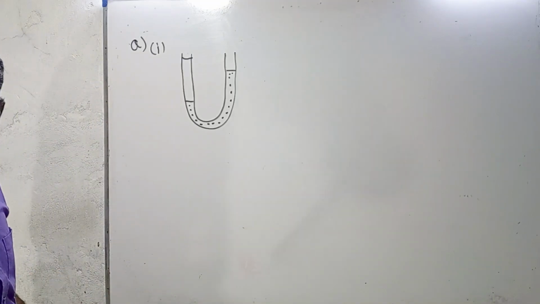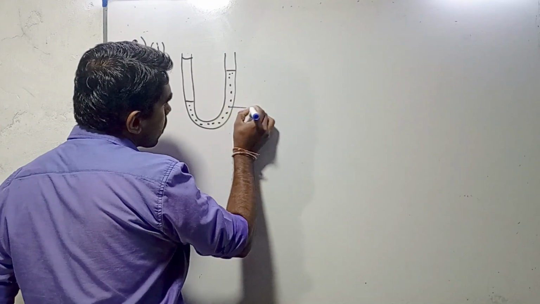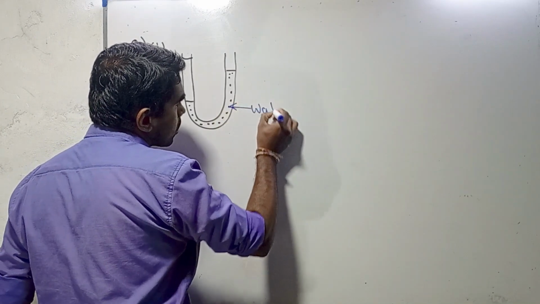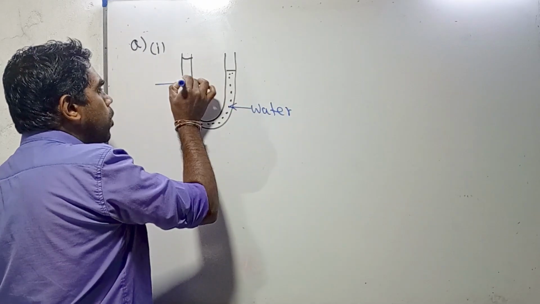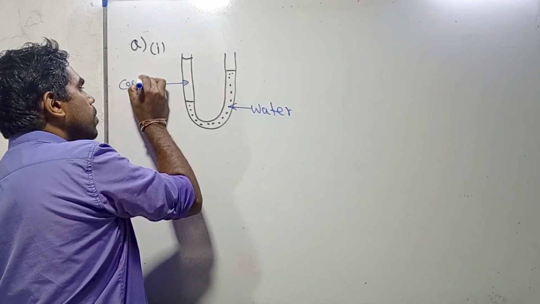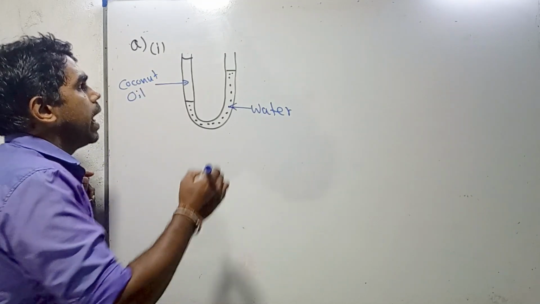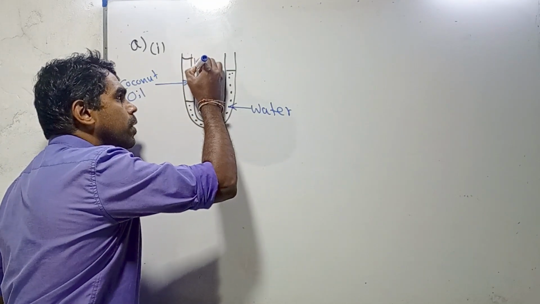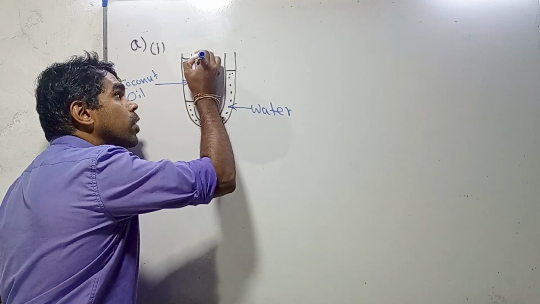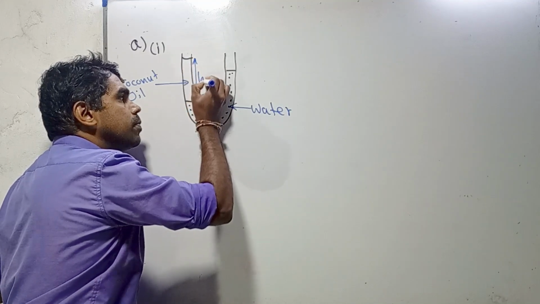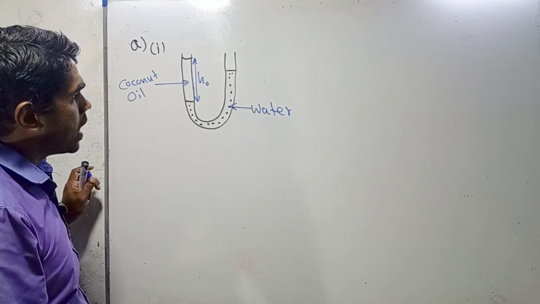Then we have to mark it. Water, coconut oil, and the corresponding coconut oil height is this one. I will call it HO.